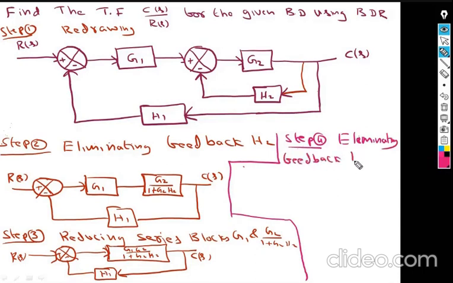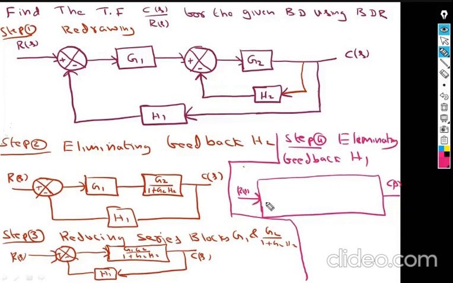This time it is H1. If you eliminate that feedback, then the resultant block you will get as the final answer. So this is C of S and this is R of S. The resultant of feedback will be G divided by 1 plus G into H. Here G is G1 G2.